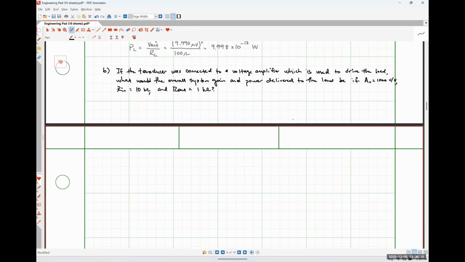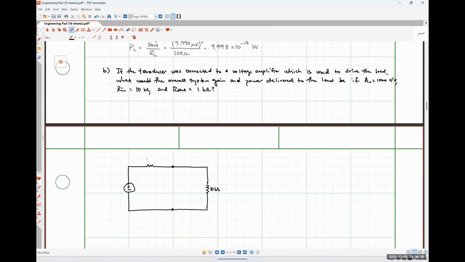So I'm going to redraw this circuit with the amplifier put in between the signal source and the output load, right? So that would look something like this. So there's my source. These are the input terminals of my voltage amplifier. So this guy right here is going to be my input resistance, which I said was 10 kilo ohms.